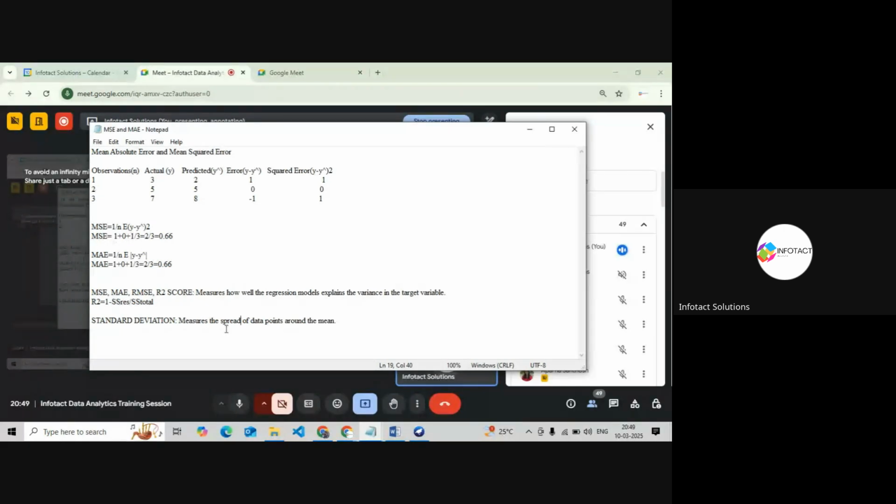I cannot write it here, so you can search for the standard deviation formula on YouTube or Google. Higher values indicate more variability, and standard deviation helps to understand the data distribution. It is used in Z-score and normal distribution analysis.